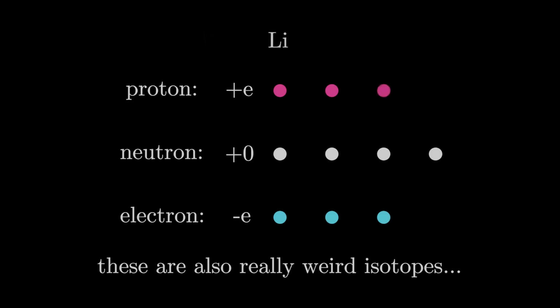Now we should probably talk about why we even care about positive or negative charge in the first place. Positive charges repel other positive charges, but are attracted to negative charges.